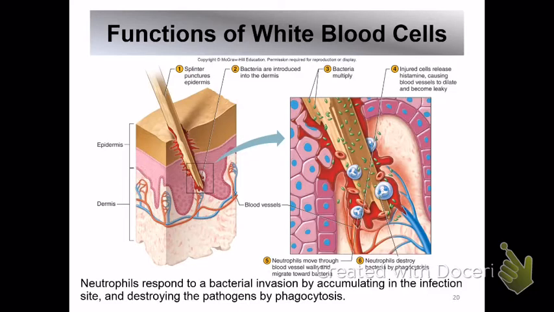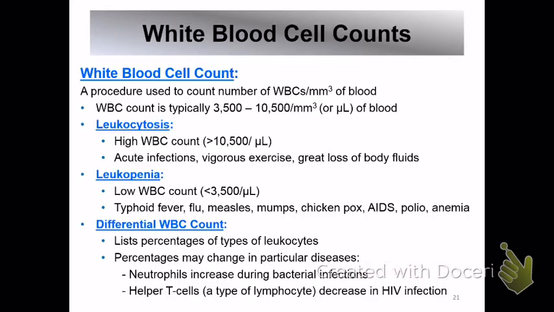The injured skin cells, it says, injured cells release histamine, causing the blood vessels to dilate and become leaky. So the blood vessels will open up and allow the white blood cells to go there. The neutrophils get there first. And then the neutrophils destroy it by phagocytosis. And do you remember what phagocytosis is? That's the big eaters, Pac-Man.